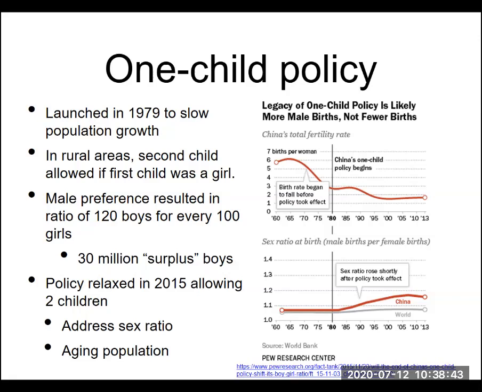Now they had some caveats with this. They had some exceptions in rural areas, which historically are often dependent upon the family working on a farm or contributing to the family income. And so in rural areas, many people were allowed to have a second child if the first child was a girl. Again, a fairly sexist view.